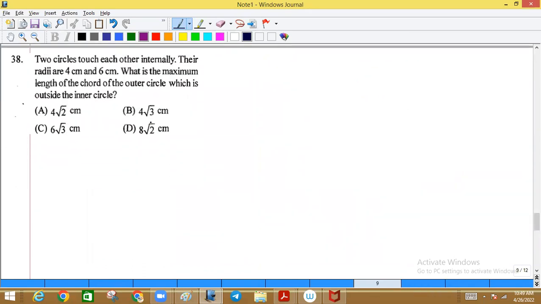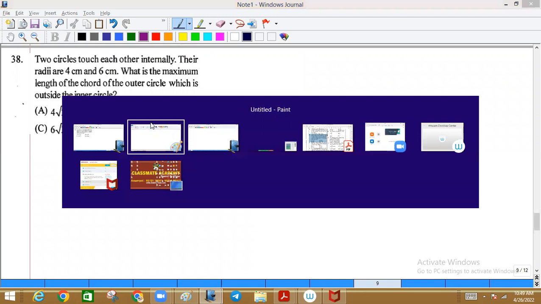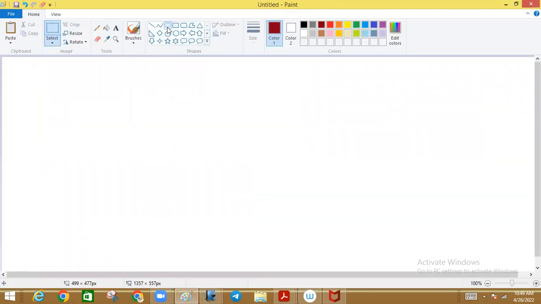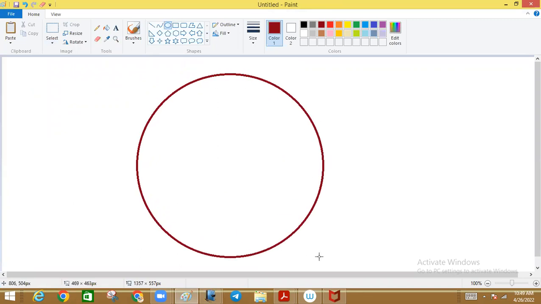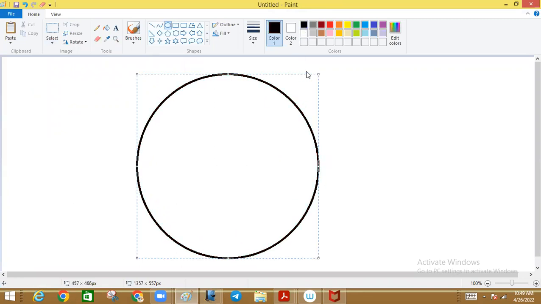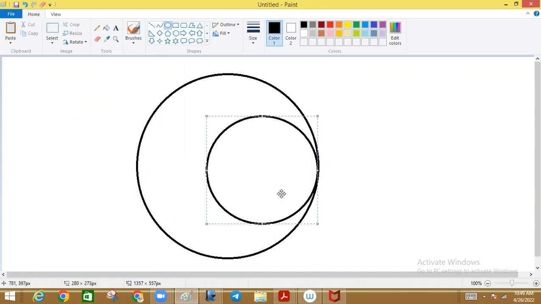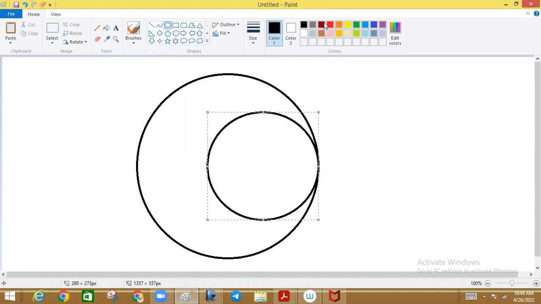Two circles touch each other internally. Their radii are 6 centimeter and 4 centimeter. What is the maximum length of the chord of the outer circle, which is outside the inner circle? So what happens to two circles there? They're touching internally. This is one circle. This is the another circle.